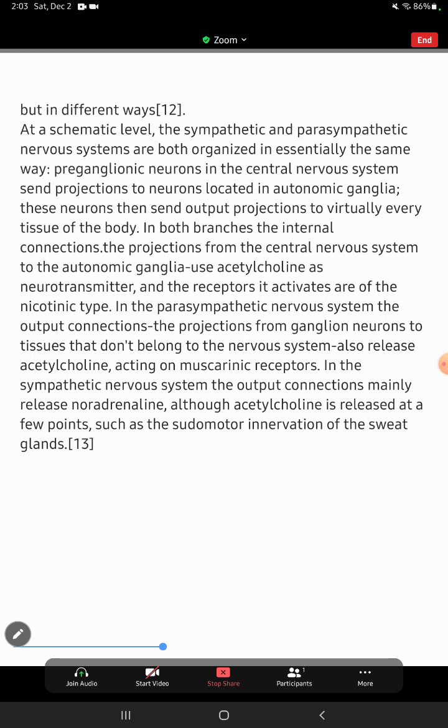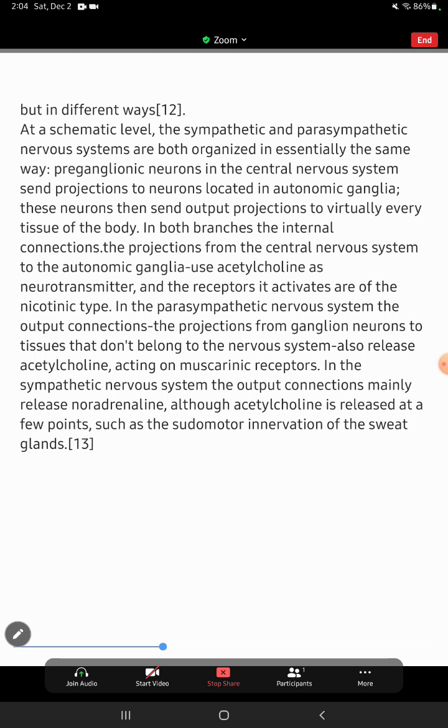These neurons then send output projections to virtually every tissue of the body. In both branches, the internal connections, the projections from the CNS to autonomic ganglia, use acetylcholine as a neurotransmitter, and the receptors it activates are the nicotinic type.